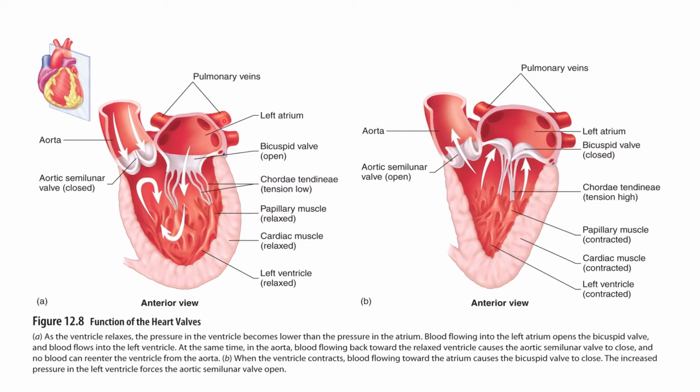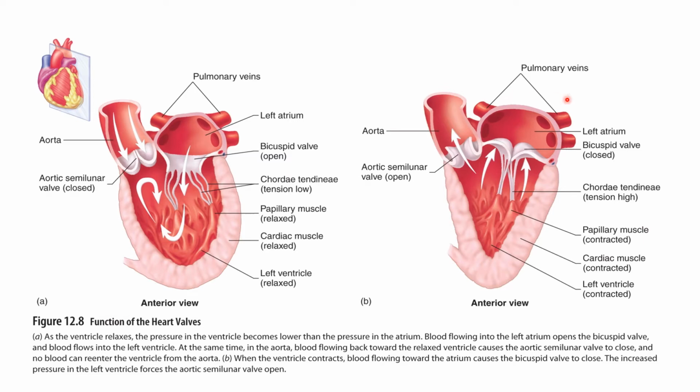So it enters your left atrium, going to your bicuspid, going to your left ventricle, and then of course the division of the left atrium and the left ventricle closes to avoid the backflow of your blood.